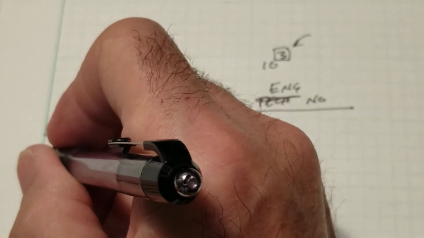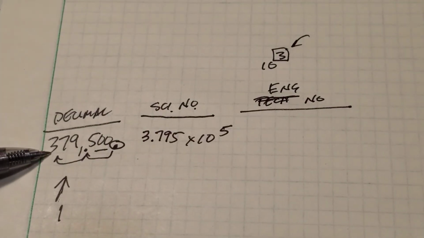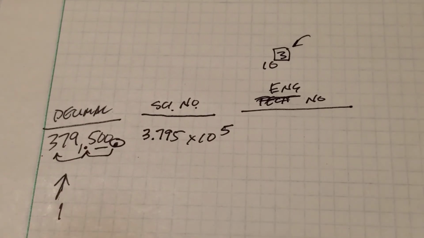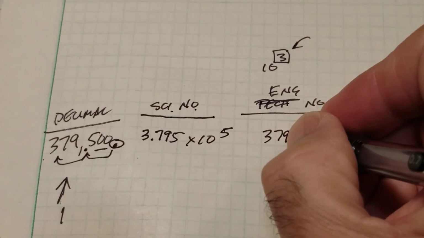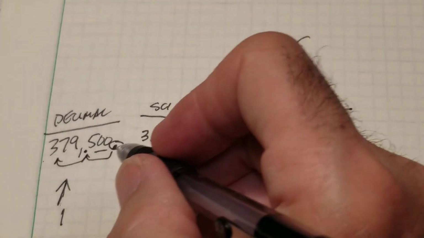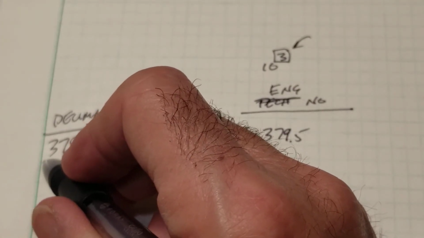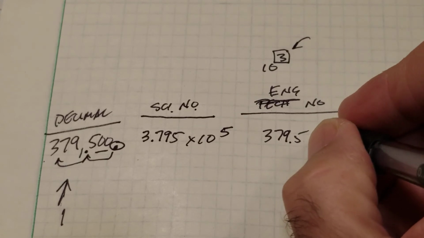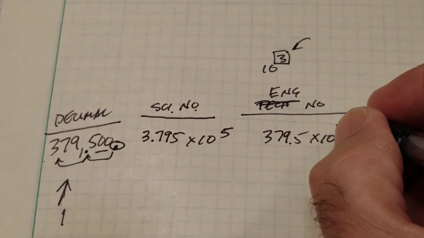So there's 3 there. This would be 6 if I moved it in front of the 3 there, and then this number becomes less than 1. So I'm going to write this number as 379.5. So I moved it in groups of 3. If I move it 6, it becomes smaller than I want it to be. So 379.5 times 10 to the third.